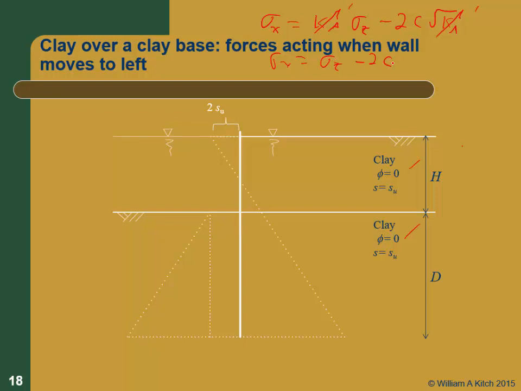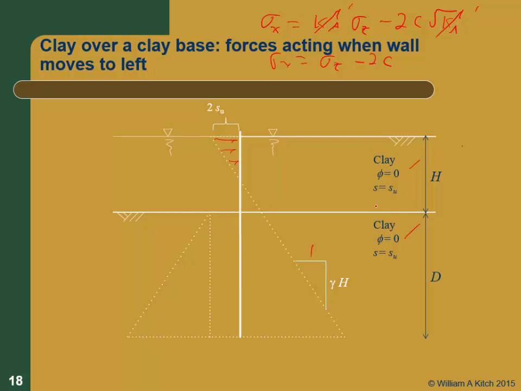Well, at the ground surface, you have no vertical stress. So your earth pressure diagram at the ground surface actually looks like this. And then it's going to increase. It's just gamma times h, because Ka is equal to 1.